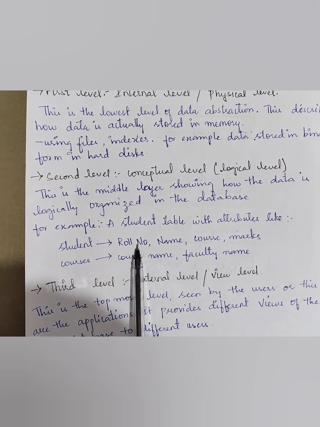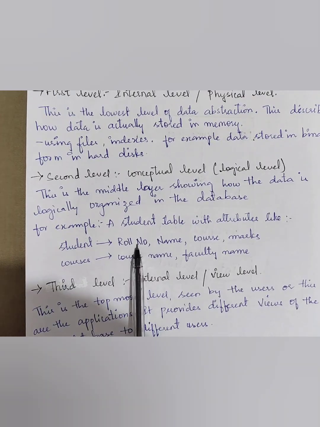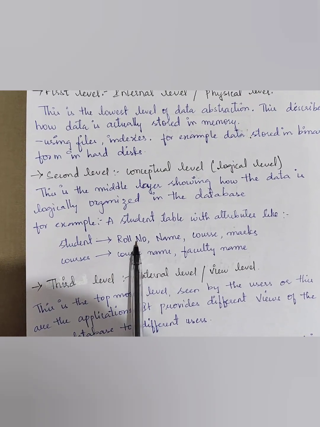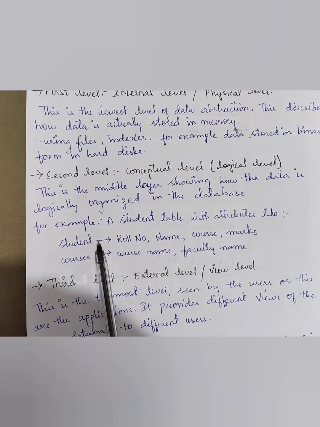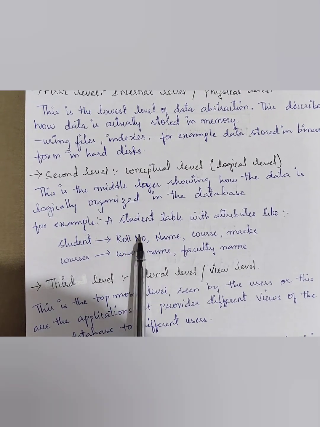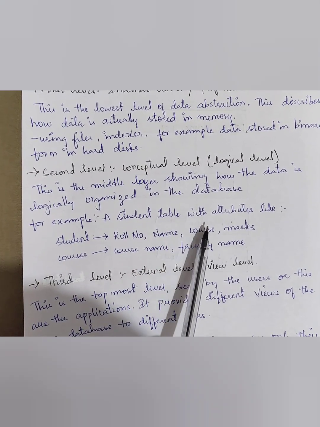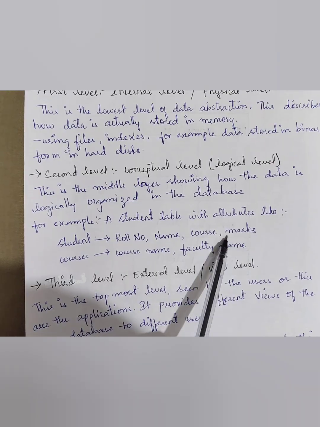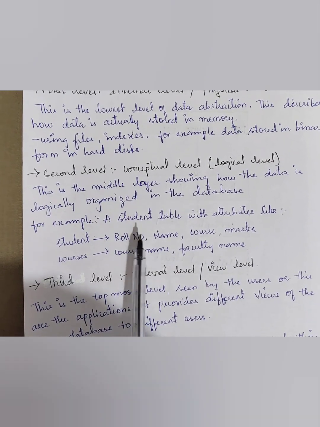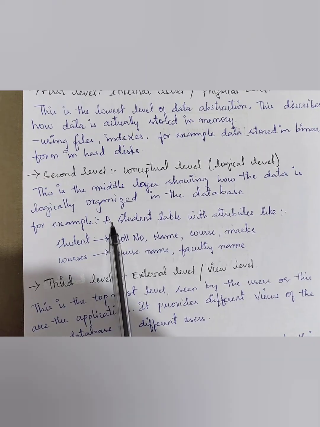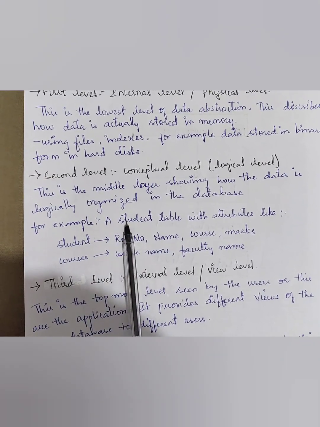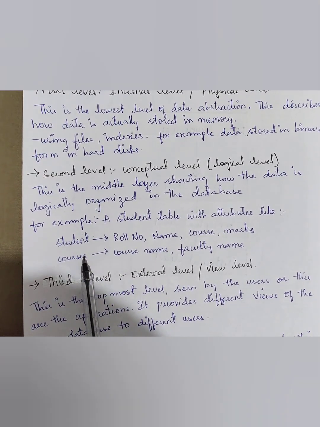We have different colleges, different students and a number of students, right? So how the data of a student is stored in terms of roll number, name, course or marks all comes under the organization of the data in the database. It can also be related to courses.